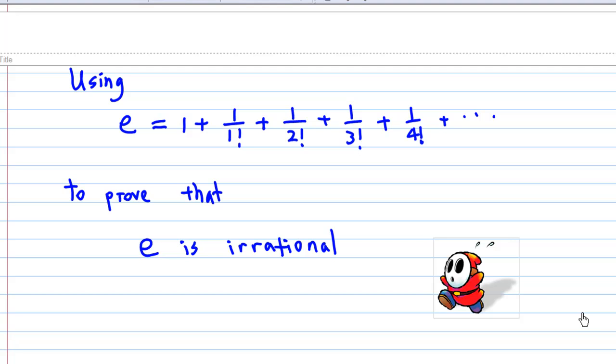This video will show you how to use the infinite series e equal to 1 plus 1 over 1 factorial plus 1 over 2 factorial plus 1 over 3 factorial plus 1 over 4 factorial and so on to prove that this number e is irrational.